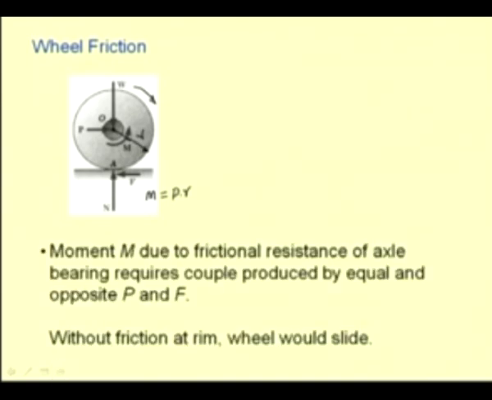So, that is what we say, that the moment M due to the frictional resistance of the axle bearing requires the couple produced by the equal and opposite P and F. Thus the presence of F is necessitated. Without the friction on the rim, that is at this point A, the wheel would slide.